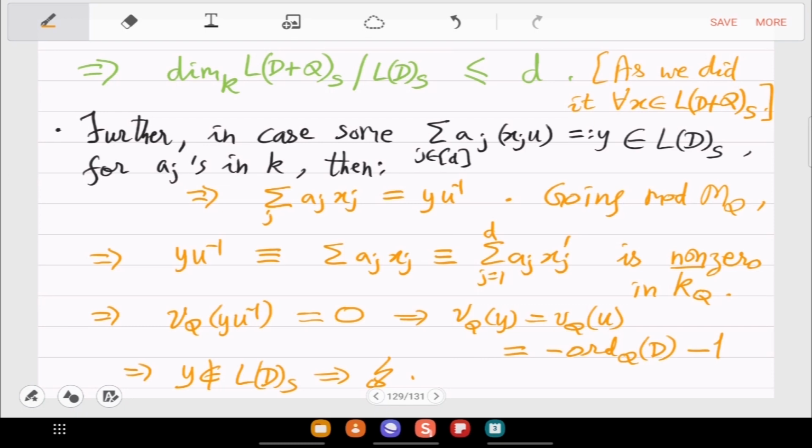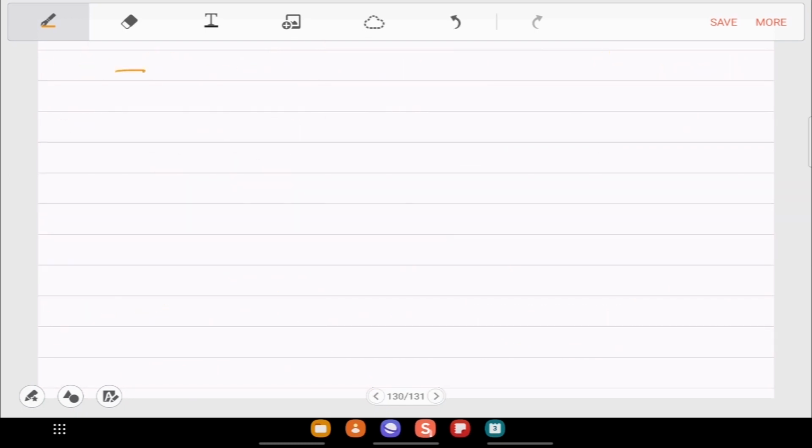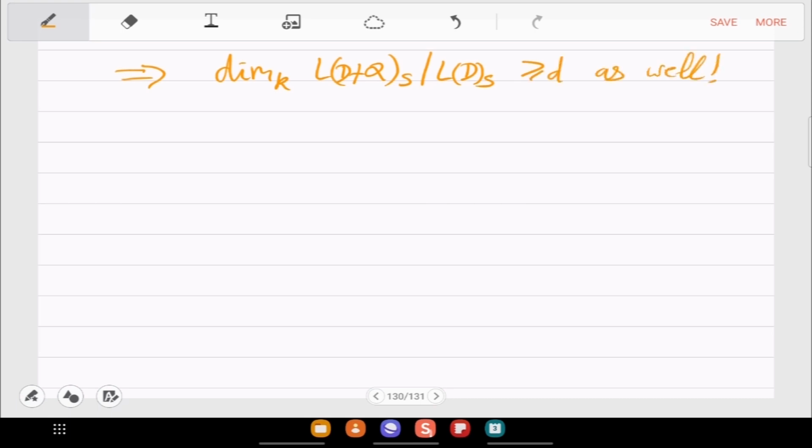Fine. So this means that dimension of LD plus Q mod LD is greater than or equal to D as well. That's all. Okay, that's the proof.